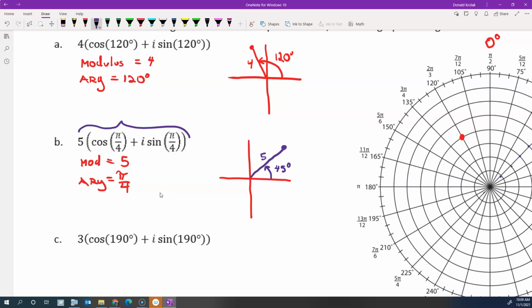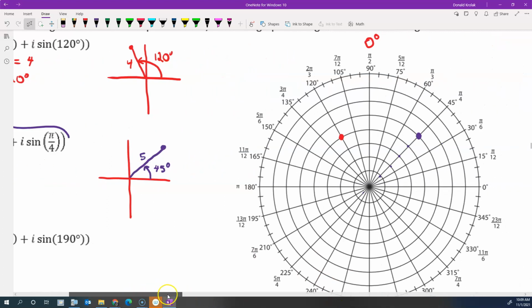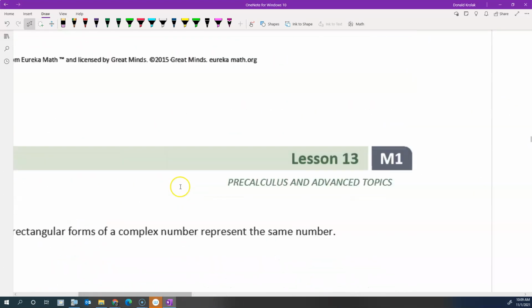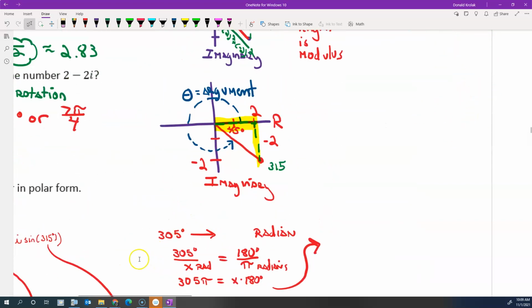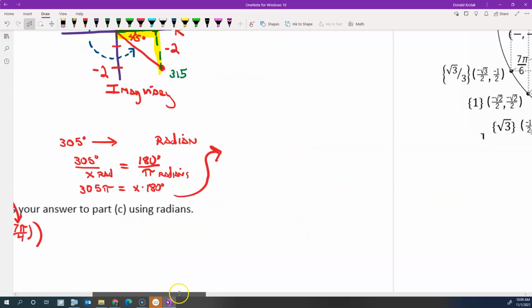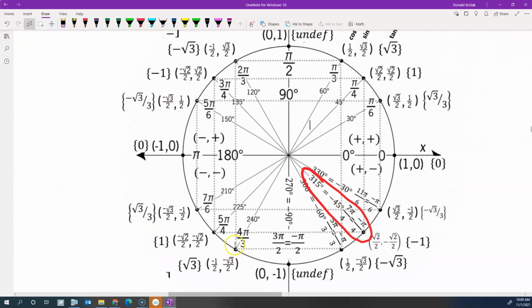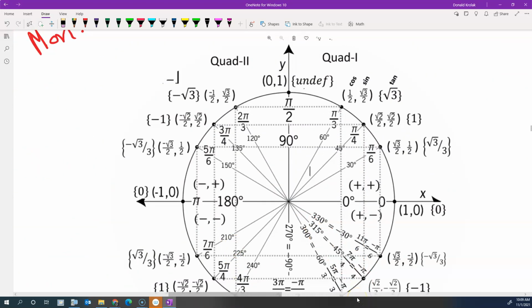What's the cosine of pi over 4 if you look at your chart? So on your unit circle, what's the cosine of pi over 4? Look it up. Do you know how to find it? Root 2 over 2. Right.